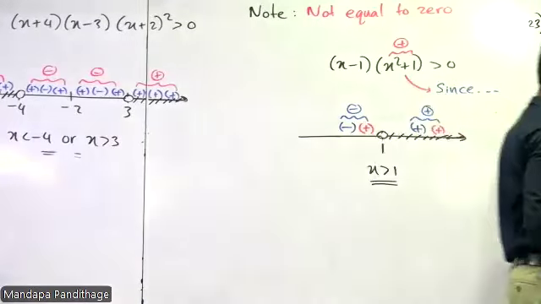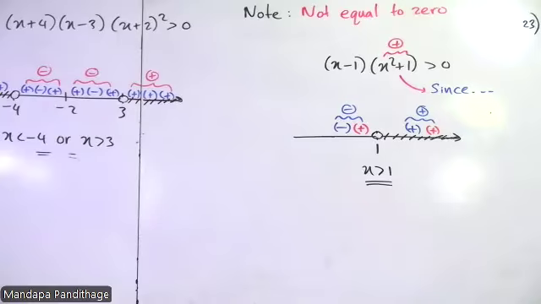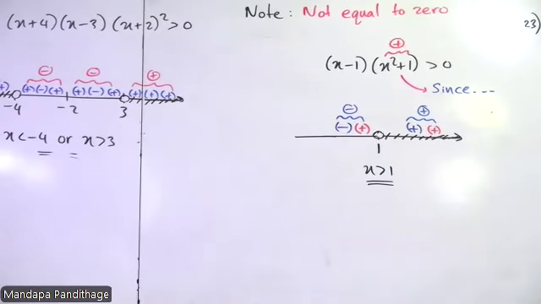Get the answers. I need the entire class to get answers for that one. When you have that x squared plus 1, forget about that. Show that it is positive and then forget about it. Write the answer to the question which is on the board.